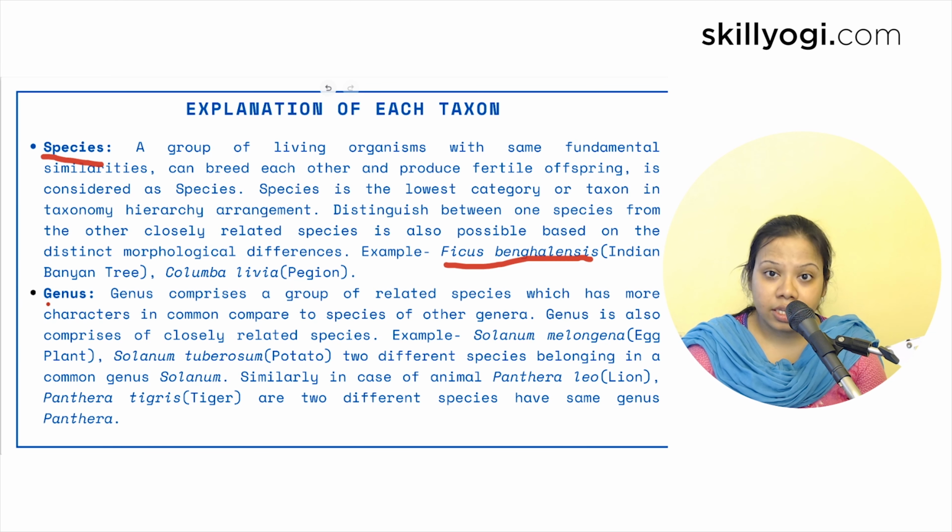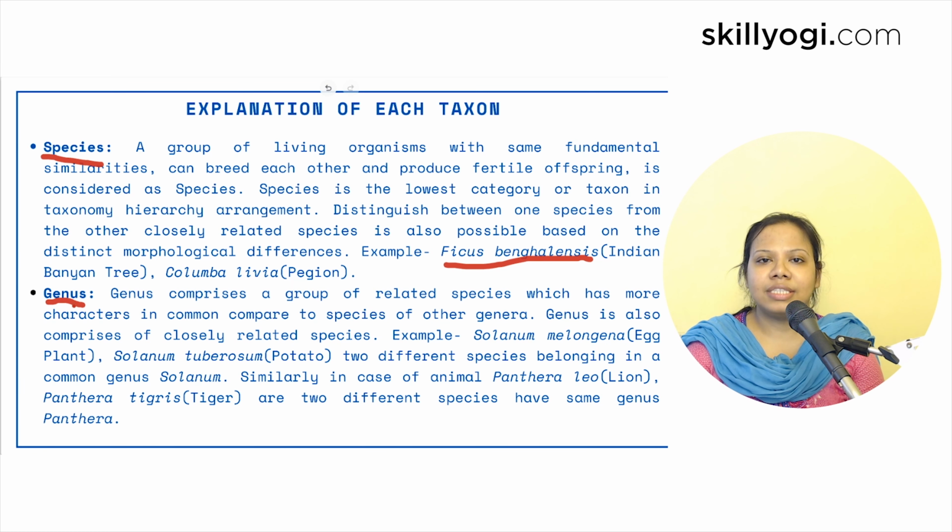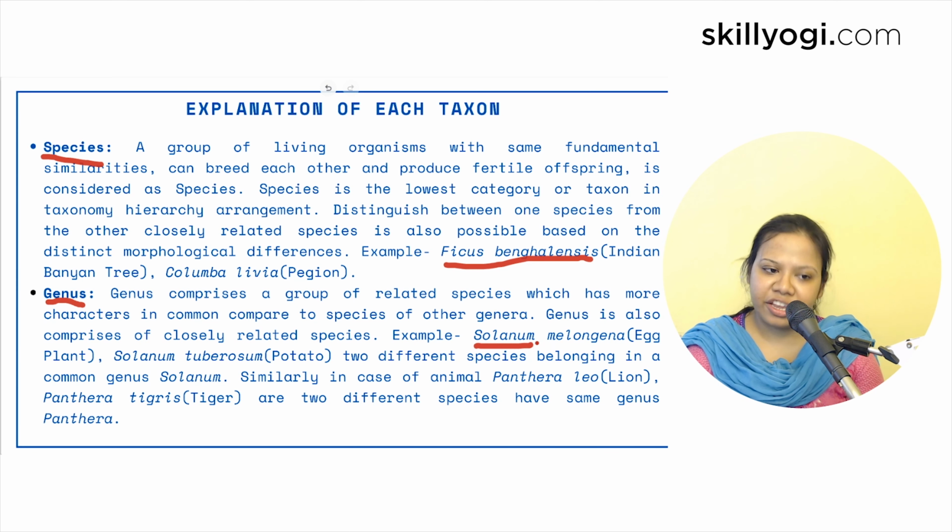The next after species is genus. What is genus? Different types of related species comprise the genus. Genus consists of different types of species. Here is an example: Solanum nigrum is also a species.